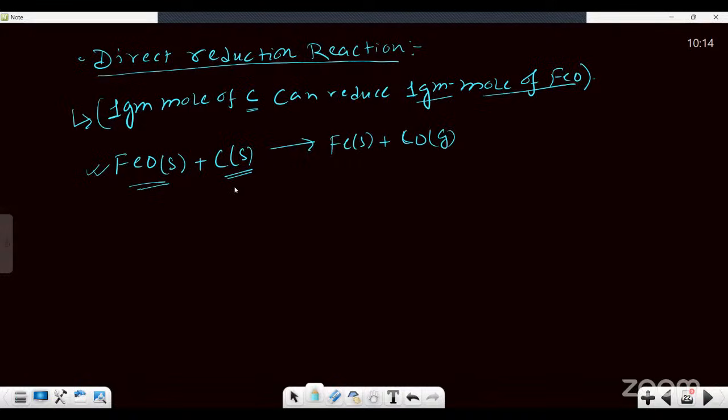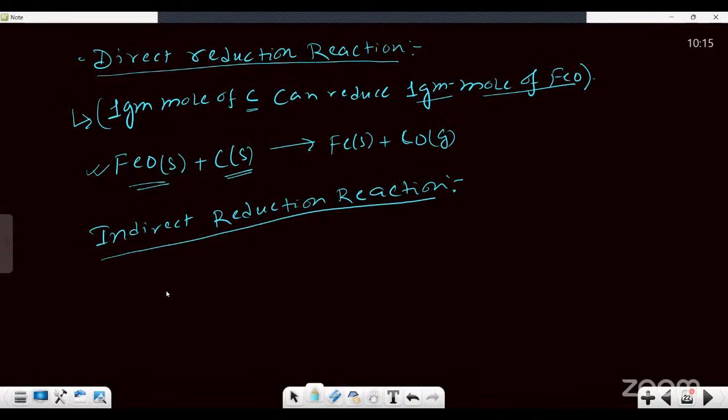But if I talk about the indirect reduction reaction, what is happening? To remove 1 gram mole of oxygen from FeO, we need 3.3 gram mole of CO. So if I'm talking about the indirect reduction reaction, then try to understand what is happening.